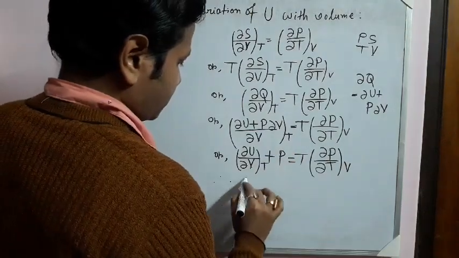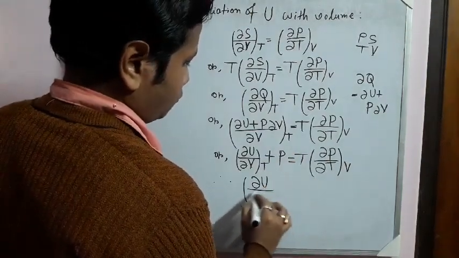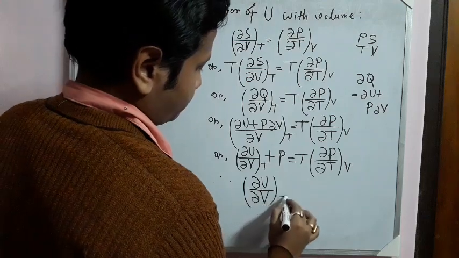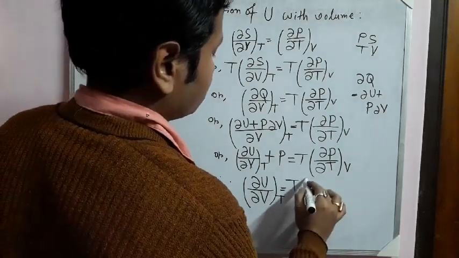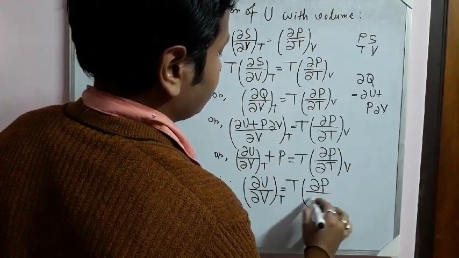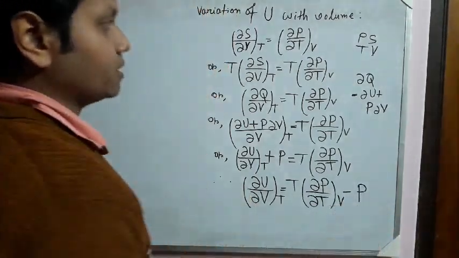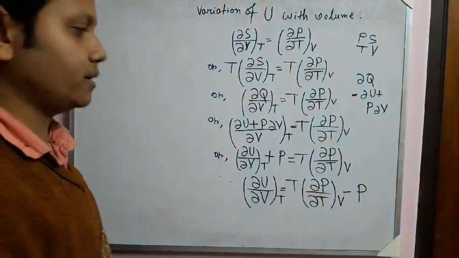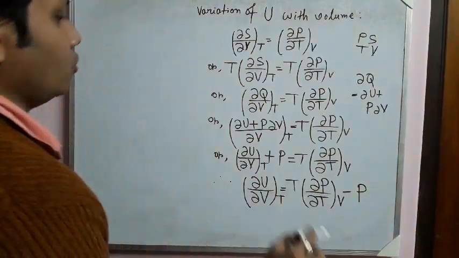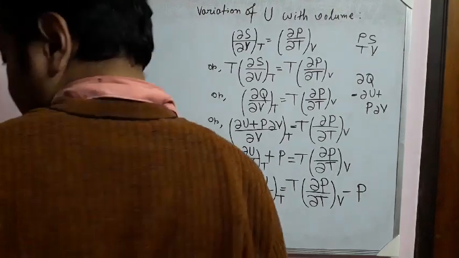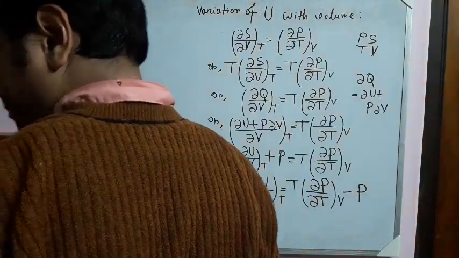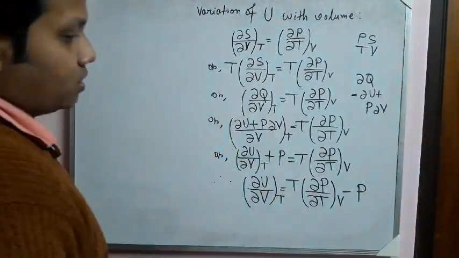From this expression, (del U/del V) at constant temperature equals T (del P/del T) at constant volume minus P. This equation represents the variation of internal energy with volume. This is the general equation.